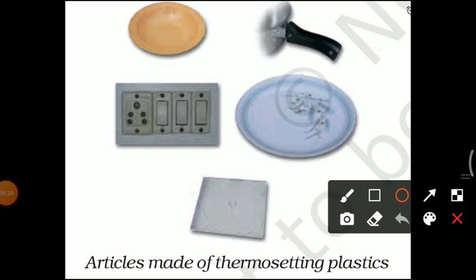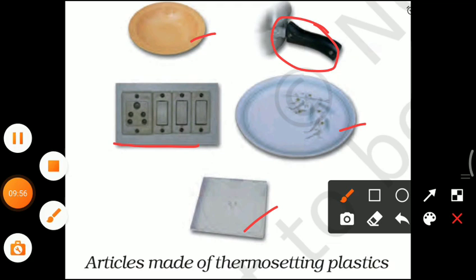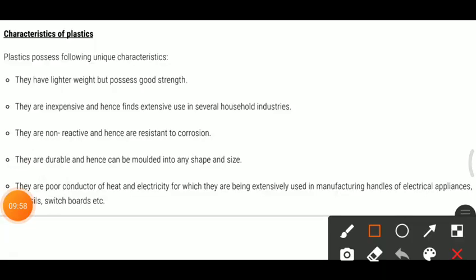In this figure, some of the articles are shown that are made of thermosetting plastics, like electrical switches, handles of various utensils, floor tiles and kitchenwares. Our next heading is characteristics of plastics.